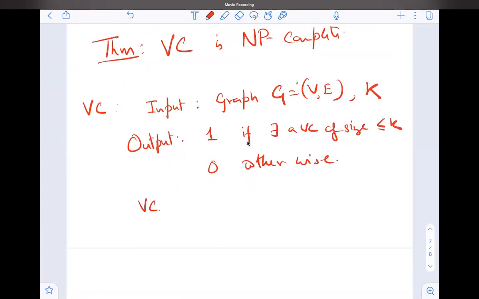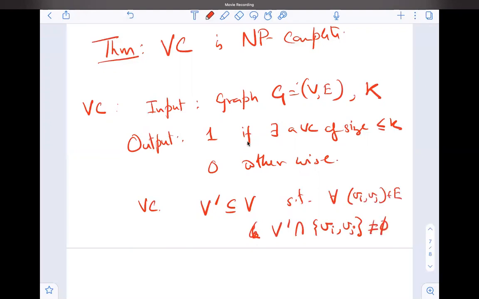A vertex cover is a subset V' of V such that for every edge (Vi, Vj) in the edge set, at least one of them must be there, so V' intersection {Vi, Vj} is not empty. Every edge must contain at least one of its endpoints in the vertex cover set.